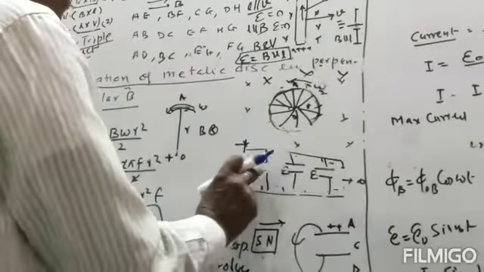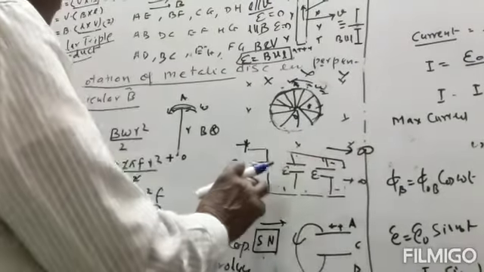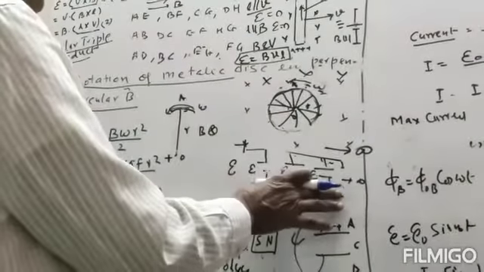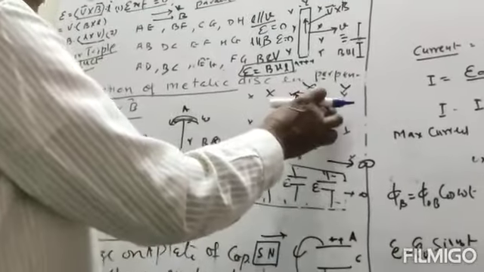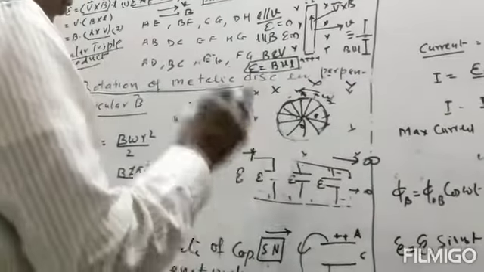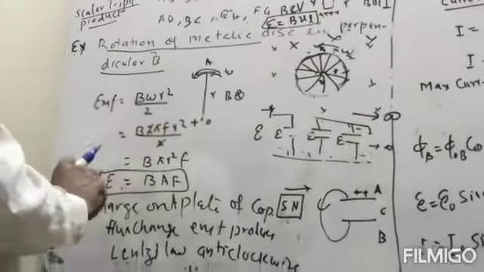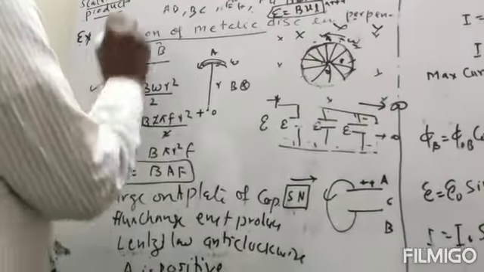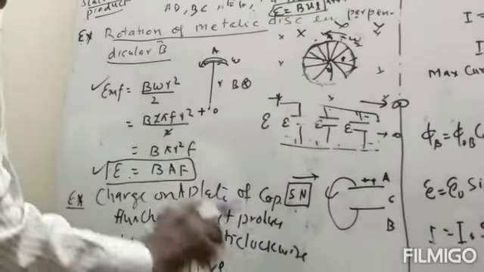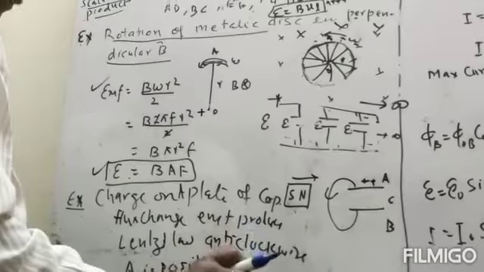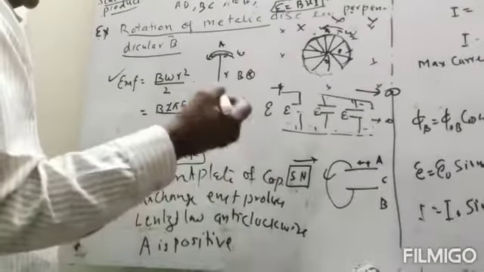Then the total EMF of this disc, which is rotating with the angular velocity omega whose radius is R, will be equal to B omega R square by 2, or it is equal to BA into F. F is the frequency of rotation, the number of rotations per second.